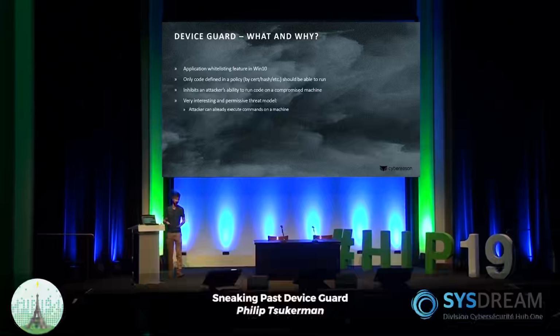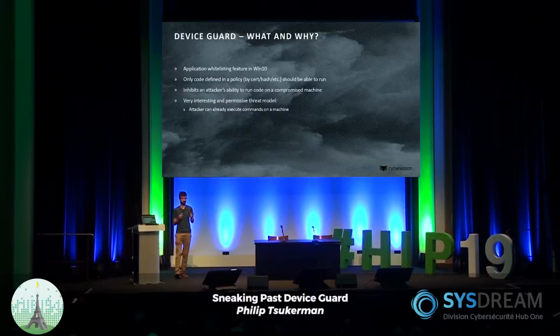It does so by only allowing code that's defined in a specific policy, which could be a bunch of certificates or hashes or even file names. And only that code can actually run on the machine. This really inhibits the attacker's ability to run any code and do whatever they want on the machine, even though they could run some code. You basically can choose only from a very closed set.